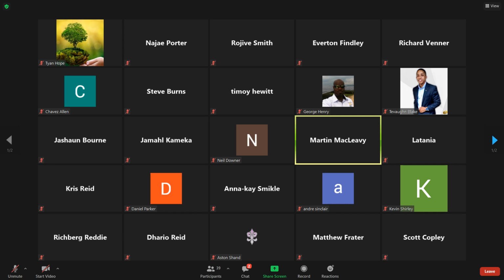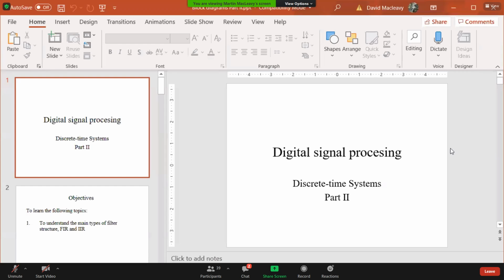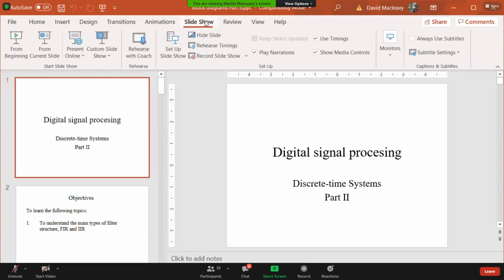So we can full screen, share screen. All right, this is where I want to be anyway.